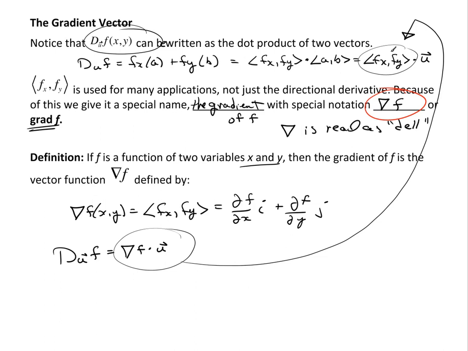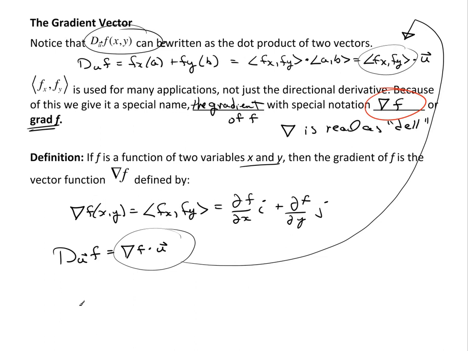Now, this expresses the directional derivative in the direction of u as a scalar projection of the gradient vector actually onto u. Now, think about this for a second. Recall the interpretation and the application, the way we used dot products when they were first introduced.